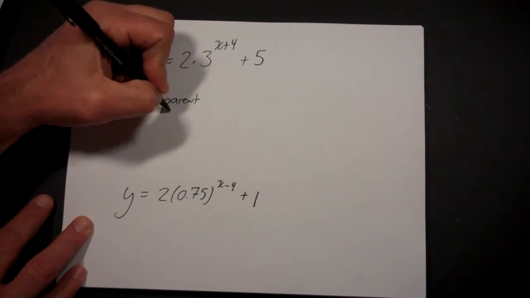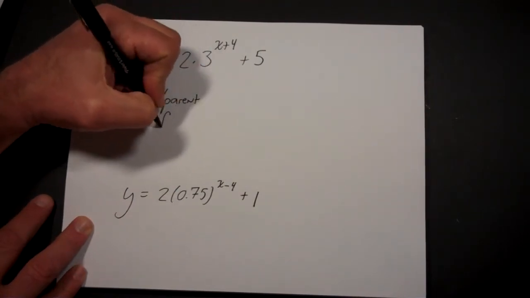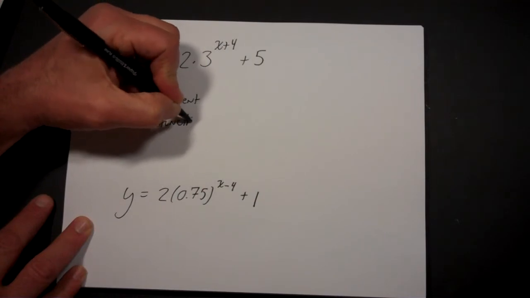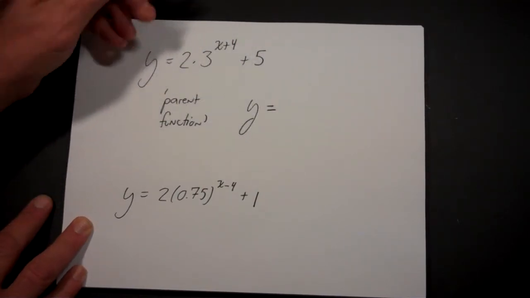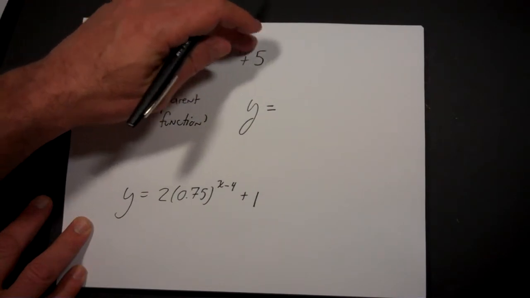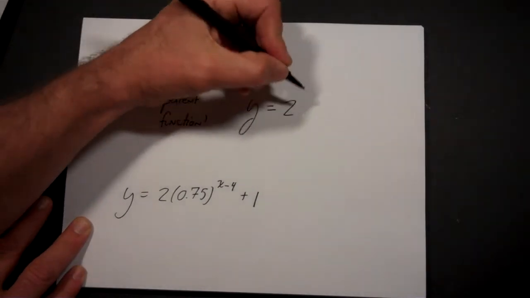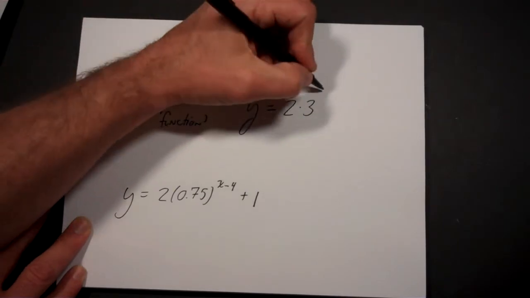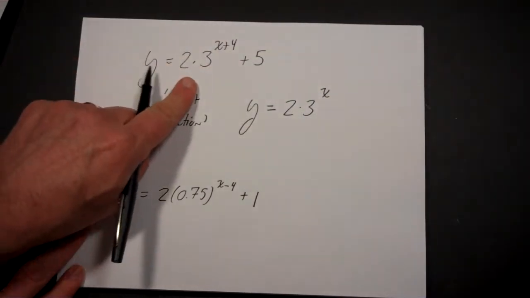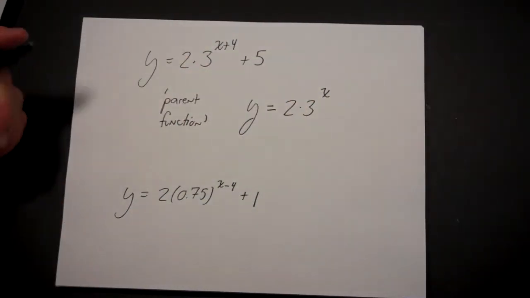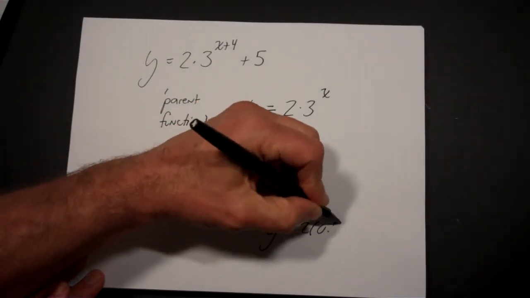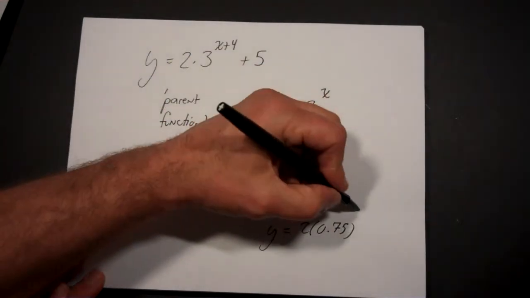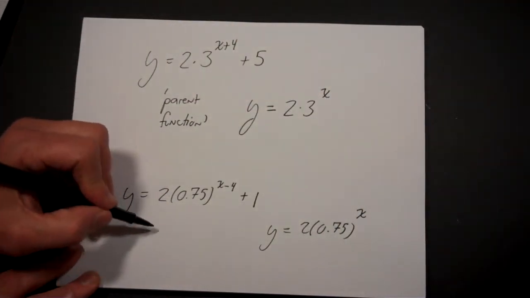You don't have to use that terminology, but the idea of a parent function is you have exactly the same function shorn of h and k. So take away h and k, and you get y = 2 times 3 to the x, and in this case y = 2 times 0.75 to the x, and this is the parent function here.